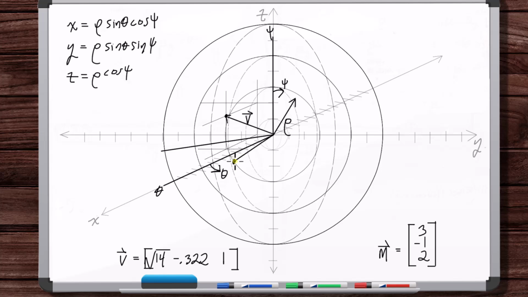There's the second point. We mark off the second point and connect the origin with that point. And that is the vector M, which is this 3, minus 1, 2 in spherical. Now, what about higher dimensional vectors? Like a 7-dimensional vector.